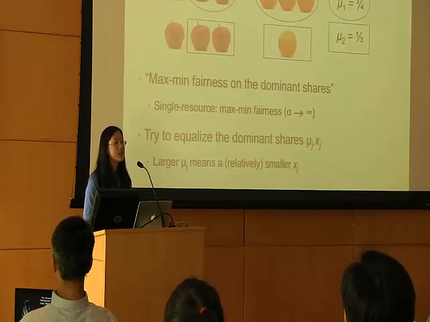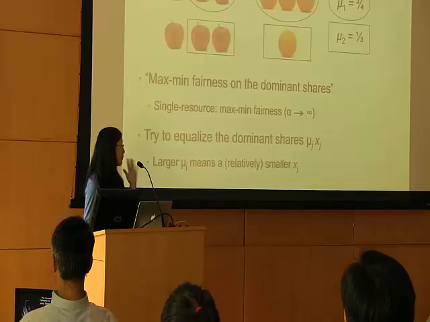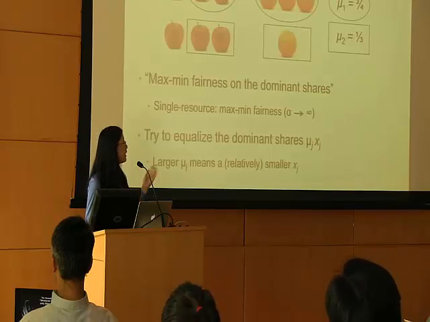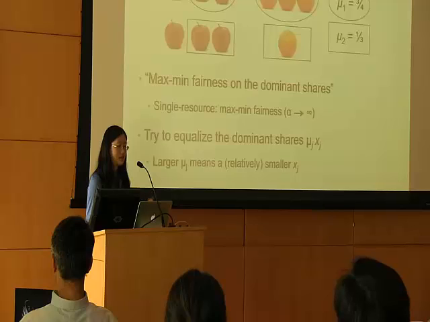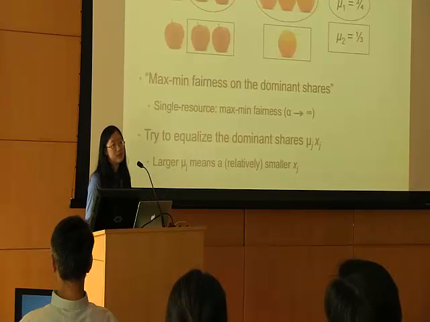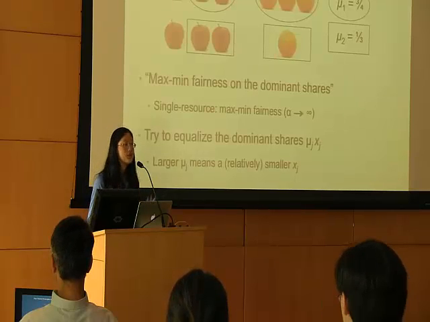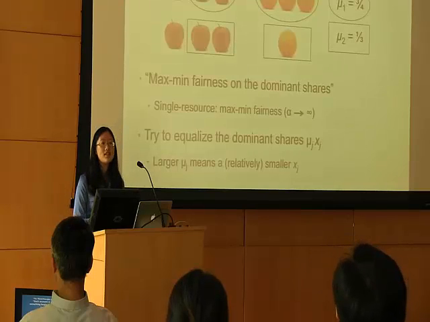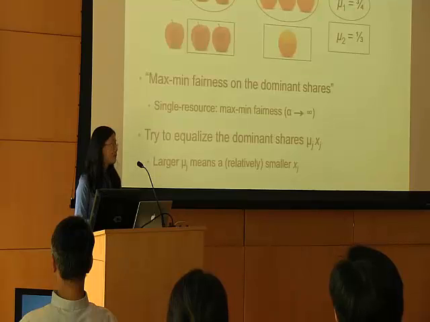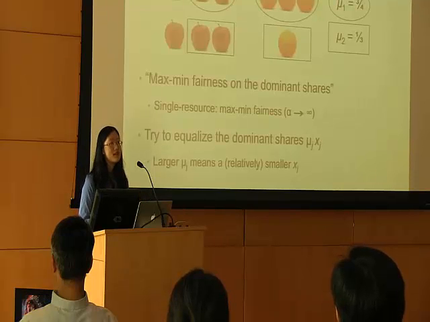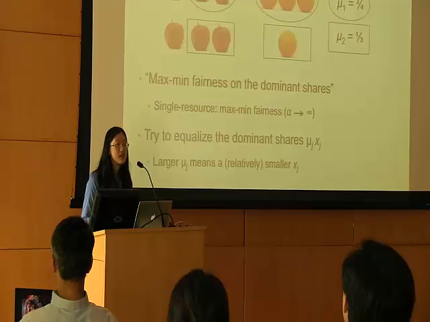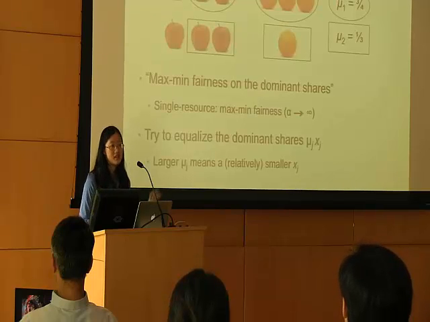What you end up doing here is equalizing the dominant shares, which are mu, the scalar that I defined on the previous slide, times the number of jobs x that the user receives. If you try to equalize this, it's easy to see that the larger your mu, the smaller your x will end up being. And that intuitively makes sense. The larger the share of resources you're taking up, the fewer jobs you should get in the end.